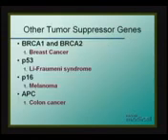Here are some other examples of tumor suppressor genes that are mutated in inherited forms of cancer. BRCA1 and BRCA2 are tumor suppressor genes related to breast cancer. In families in which breast cancer is being inherited, what a woman will inherit is 1 mutant copy of BRCA1 or 1 mutant copy of BRCA2.